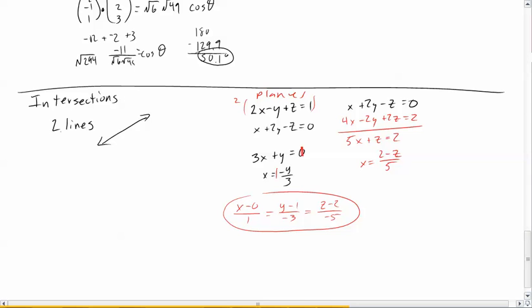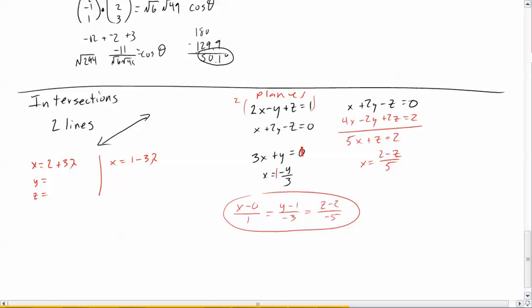What I want to do is find the intersection of two lines, and the way to do that is you write them both in their parameters, right? So you write it as x equals, for example, 2 plus 3 lambda, and you do the same thing for y and for z. If you do that for both equations, x equals 1 minus 3 lambda, then you can set the two parameters equal and solve for lambda.